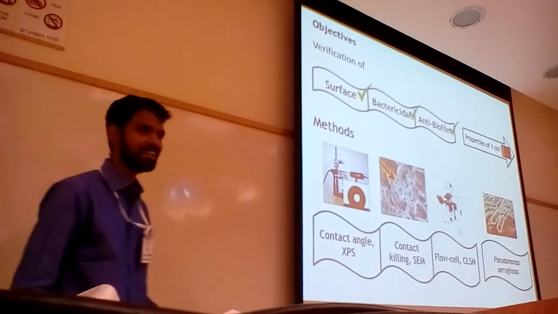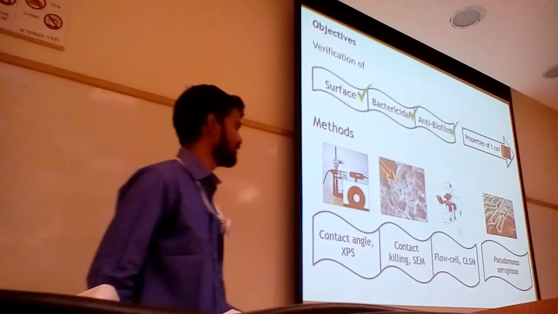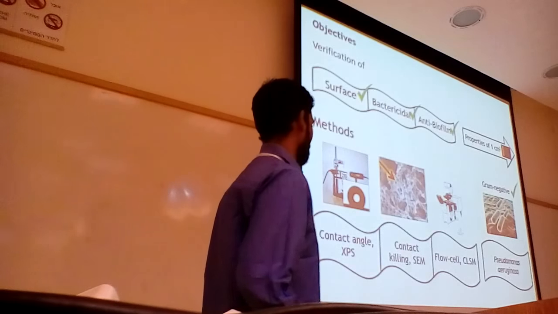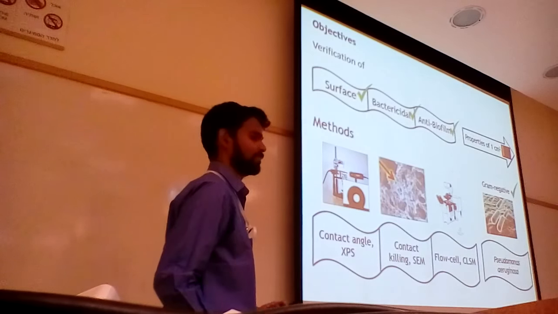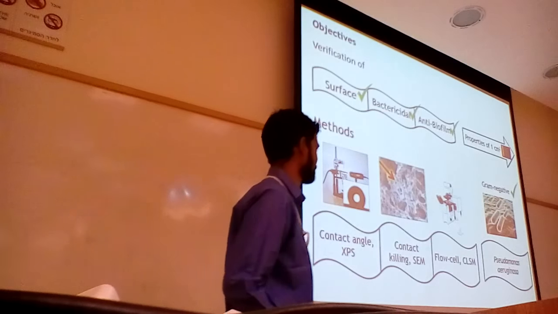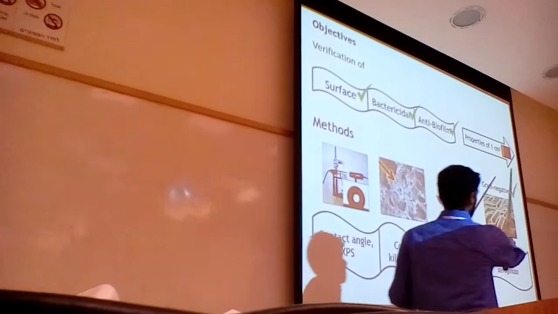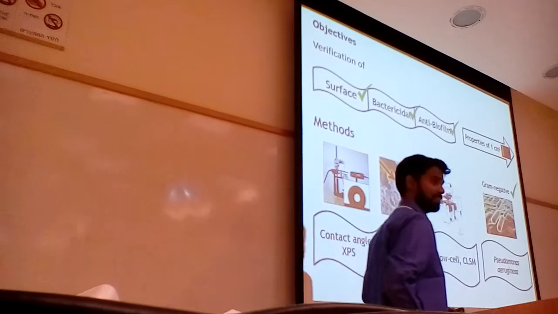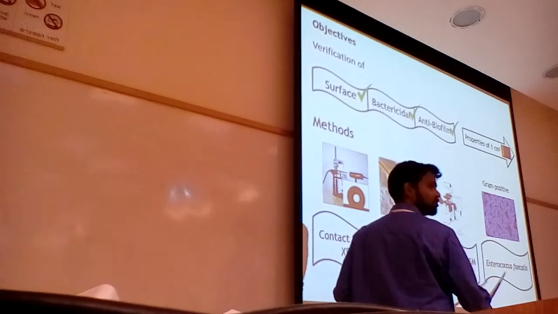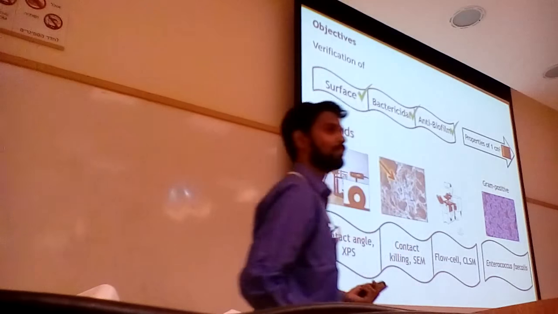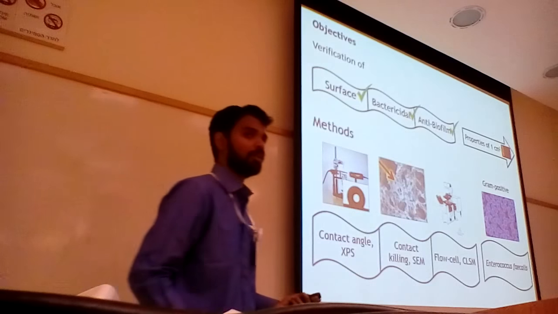But to sweeten the deal, we want to scrutinize, okay, this is a gram-negative bacteria, and to make it more interesting, we have to scrutinize the anti-biofouling properties of laser-induced graphene against a gram-positive bacteria named Enterococcus faecalis. We will look into the difference now.